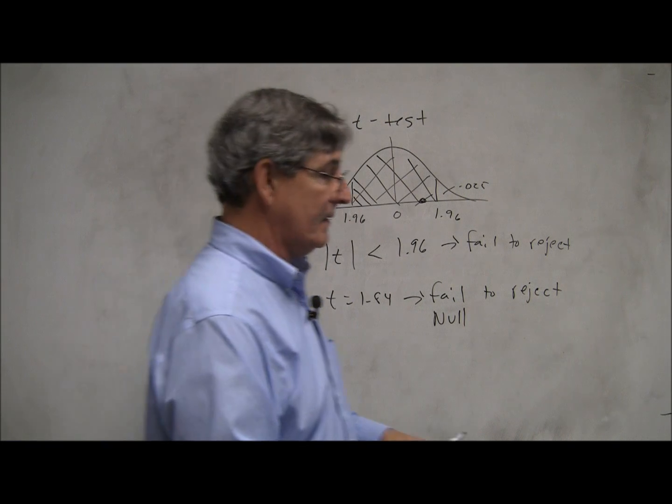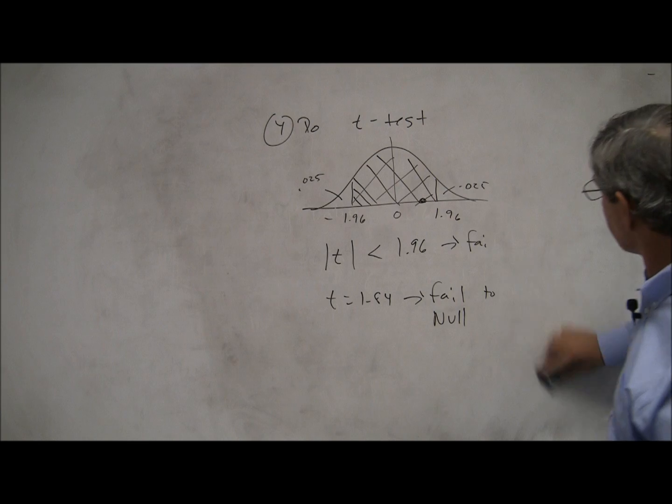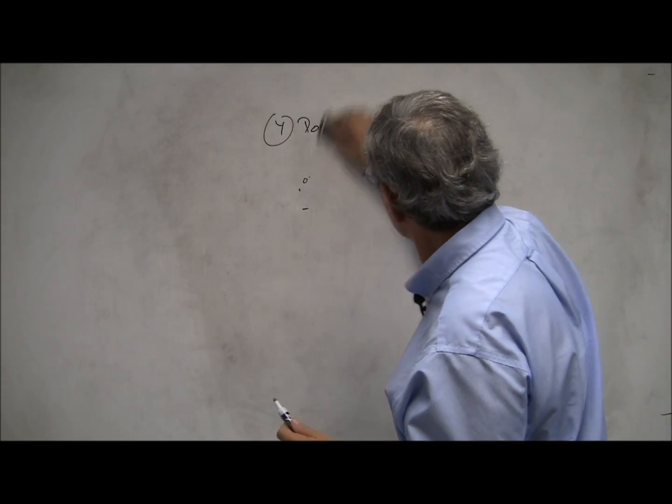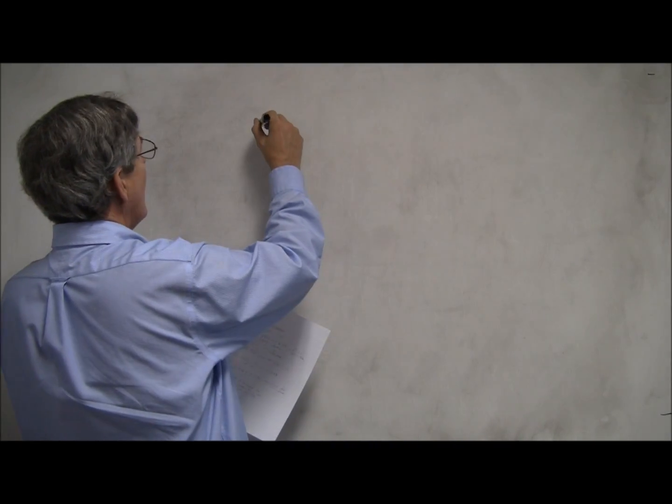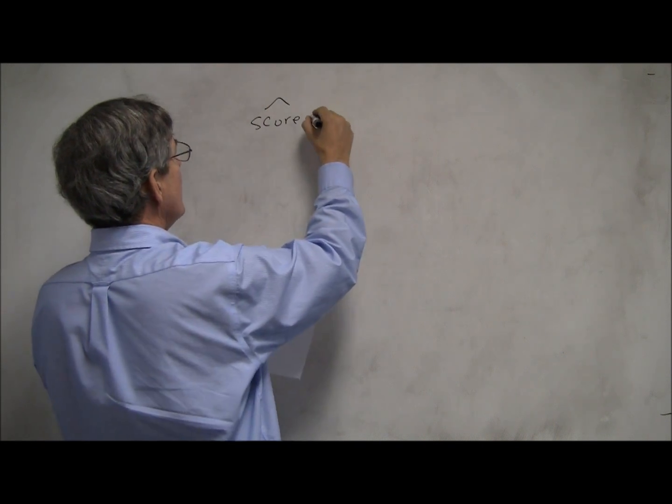Now let me make this more concrete by doing an actual example. Remember the test score example. The way you often see regressions reported is the following.